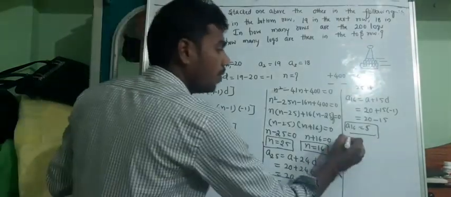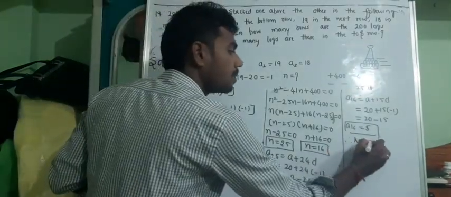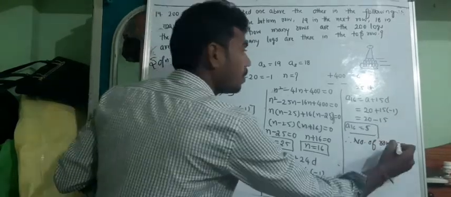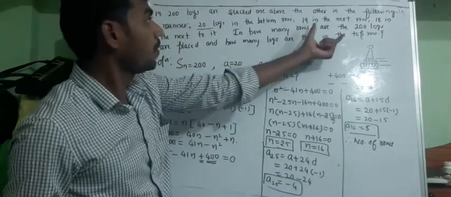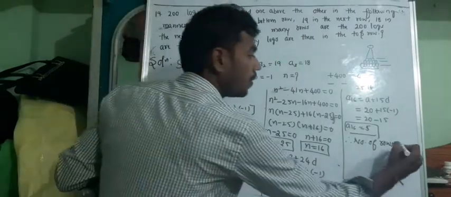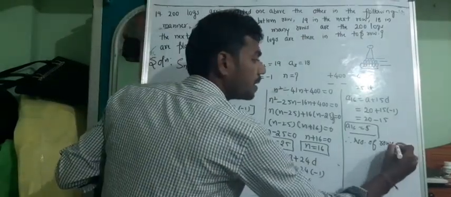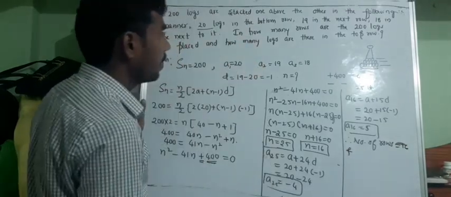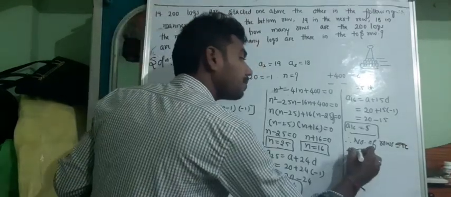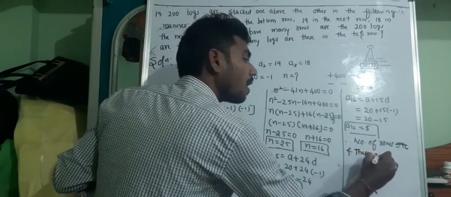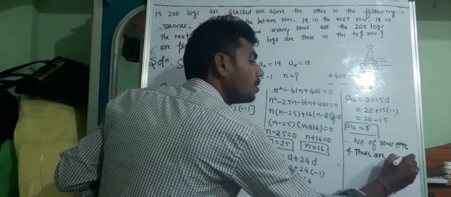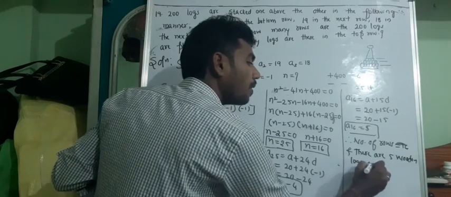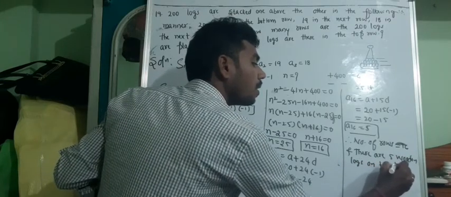So therefore the answer is C. Number of rows is equal to 16, and there are 5 wooden logs on the top row.